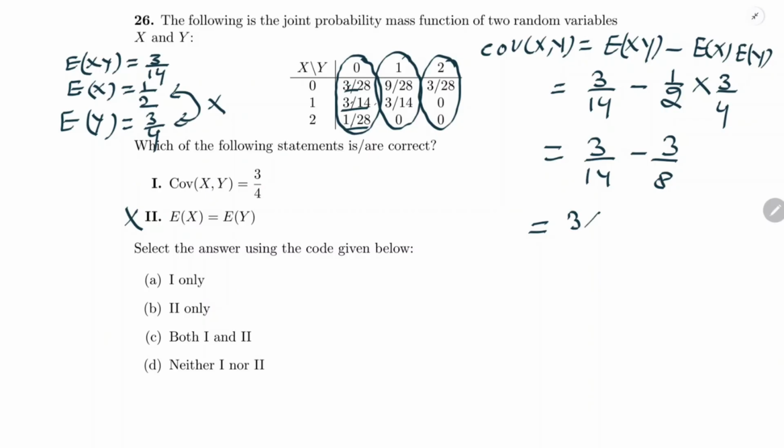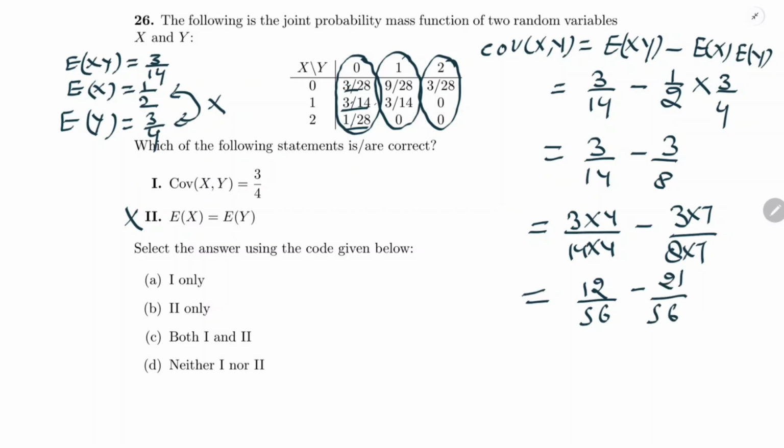So if we multiply it by 4 and 4 and with 7 and 7, we will get 12 upon 56 minus 21 upon 56. Clearly the denominators are same, and when we subtract the numerator we will get a negative value, and this one is given here positive, so statement 1 is also incorrect. So option D is correct, neither 1 nor 2.